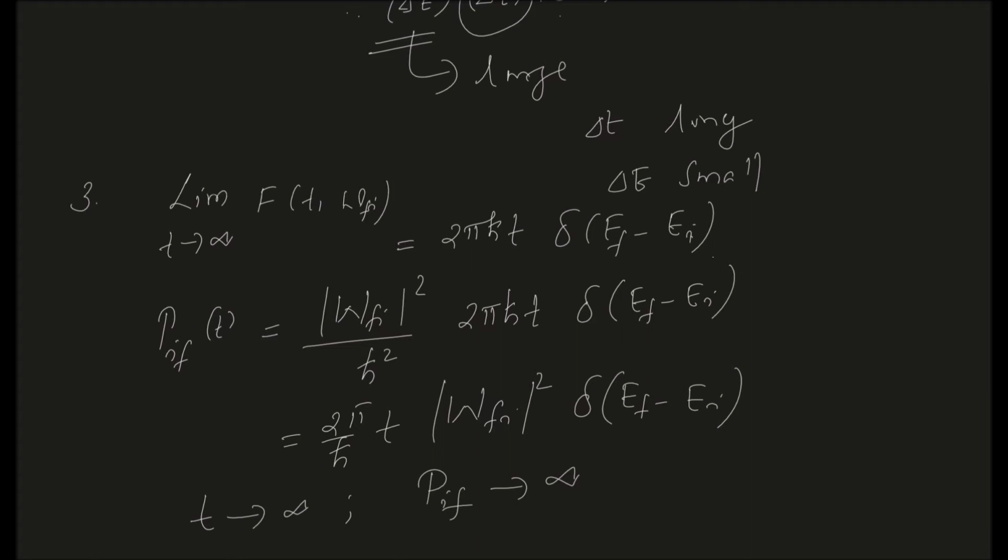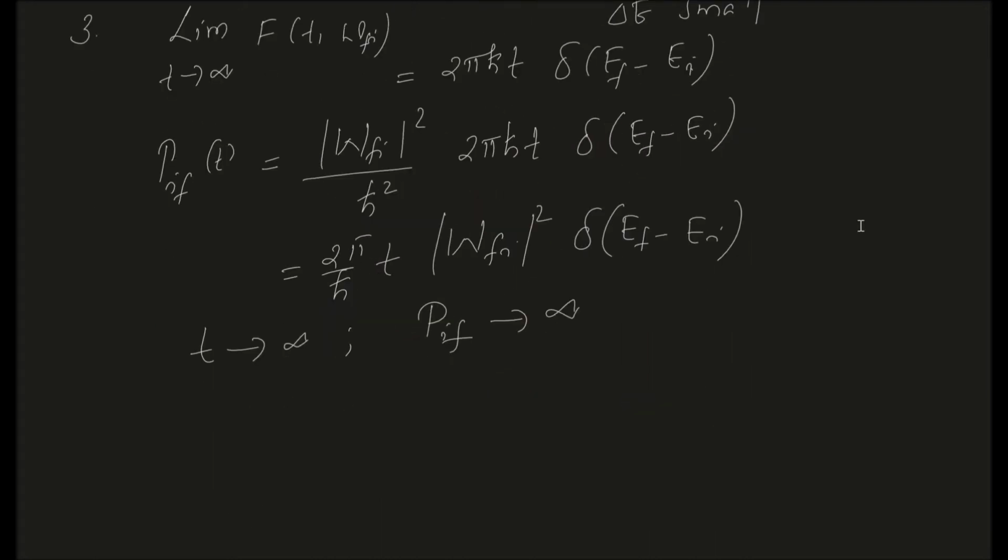So to make it physically acceptable, we conclude that first order perturbation theory is valid only for times such that t is far less than ħ by |Wfi|².